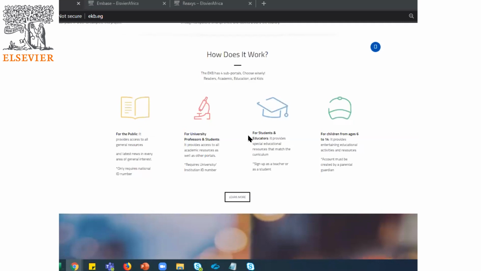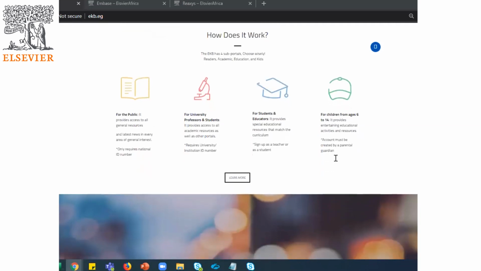Just as a quick reference, students and educators is the portal designated for primary to secondary education, like school education. And this one is just resources for kids. All of these resources are part of subscriptions, and they are very unique, in that they are being provided to all citizens in Egypt specifically as well.